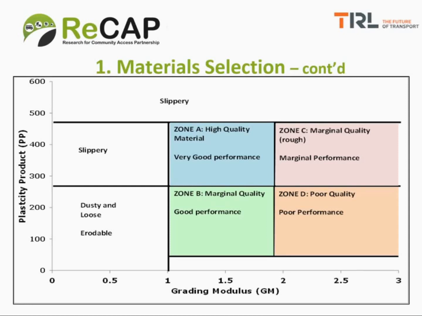Now, you may not have the luxury of having different materials to select from, but the chart in that case will show you what performance to expect from the different materials that you have.